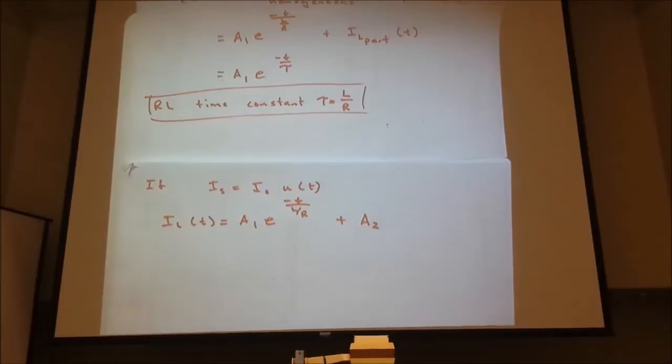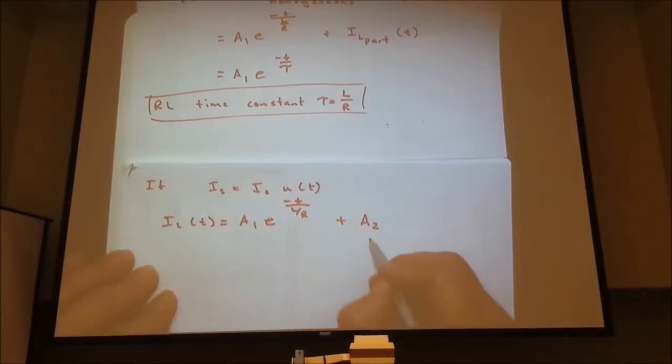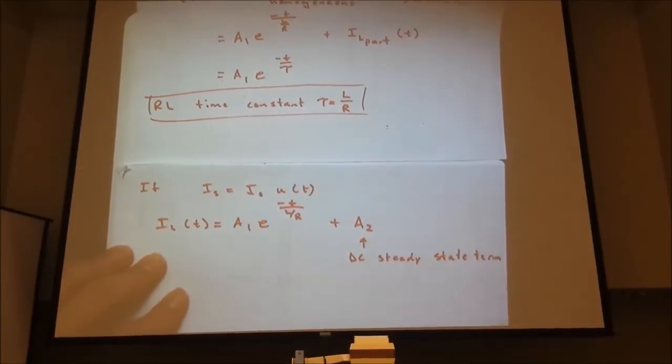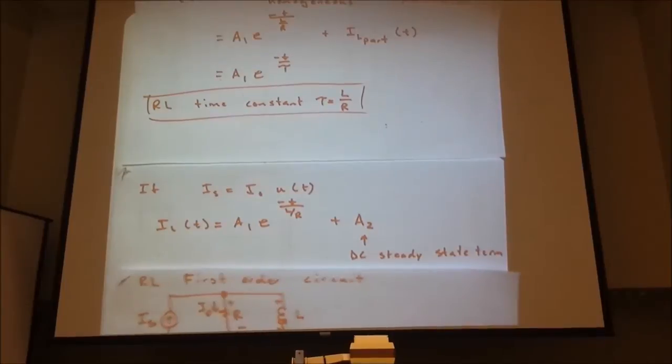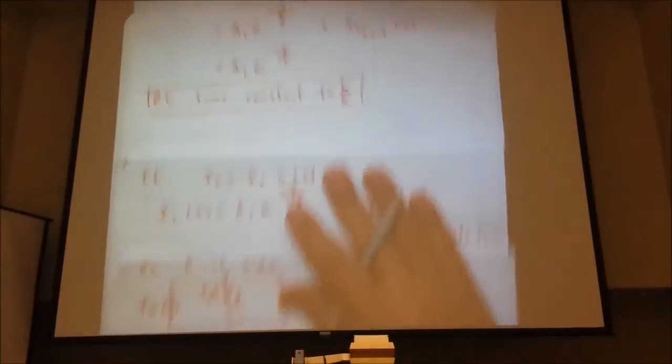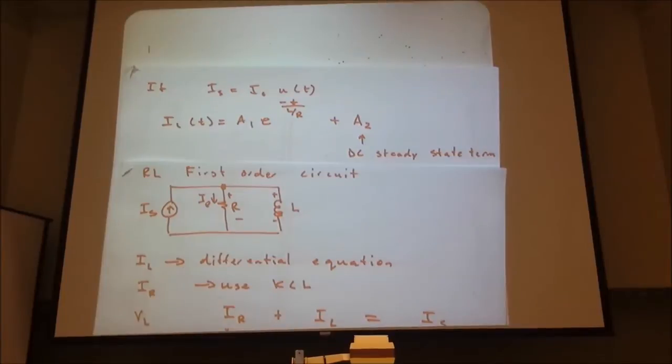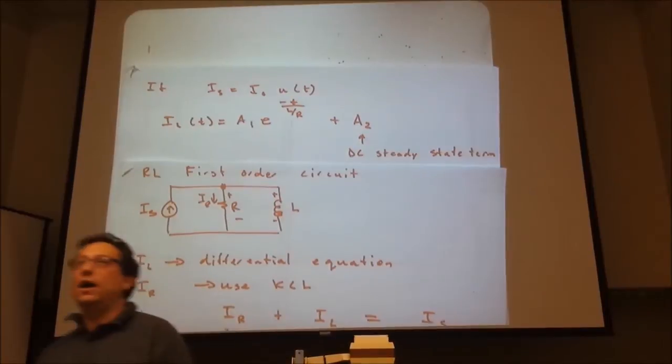So step function source that turns on at t equals 0. And what is that value for our RL circuit? As t goes to infinity, what is A2 for a source that turns on at t equals 0? What's A2? For a step function source with magnitude I naught.